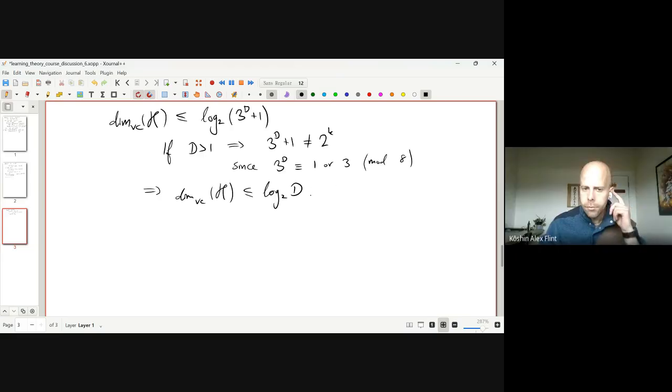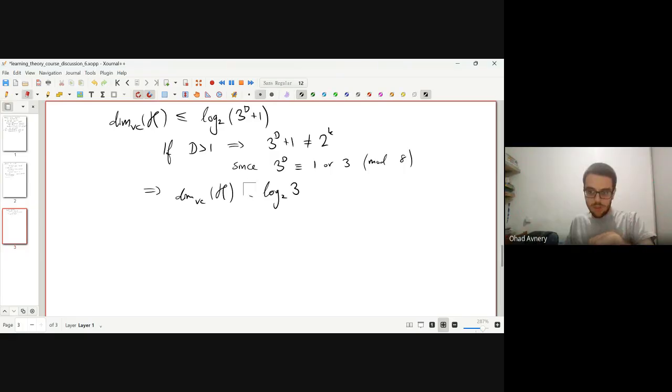How do you get that 3 to the d is 1 or 3 mod 8? So we know that 3 squared is 9, which is 1 modulo 8, and then if we look at the orbit of 3, it's always 3 or 1. Once we multiply it by 3, it goes to 1.